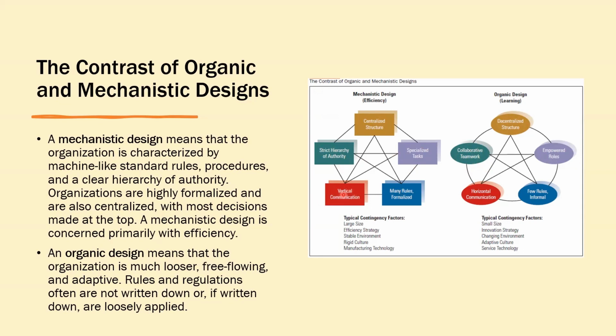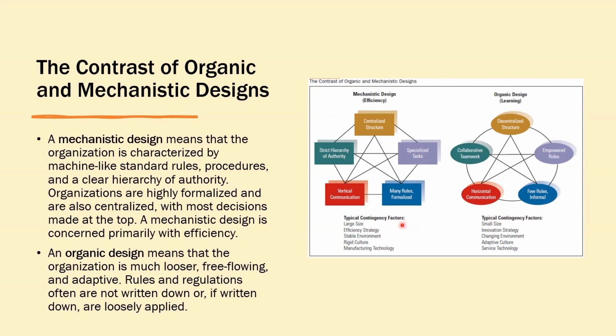You have vertical communication here, straight up the hierarchy, horizontal communication. This department can freely talk to and make decisions with that other department. You have specialized tasks as opposed to empowered roles, where you may be doing more than one thing as a part of your job function. Also, mechanistic design is very, very formal. And for the organic design, there are few rules, and it is not very formal, it is informal.